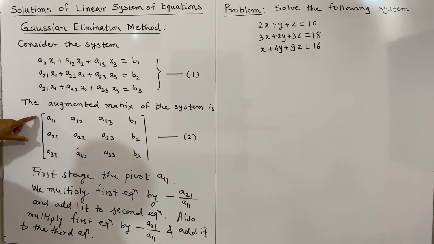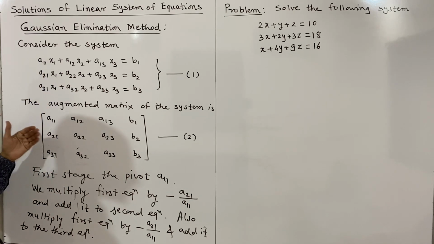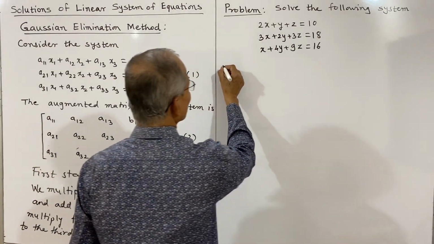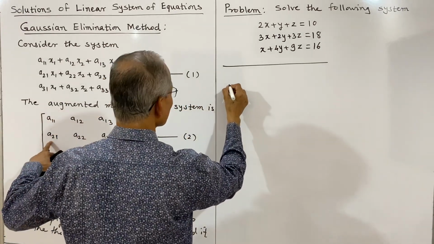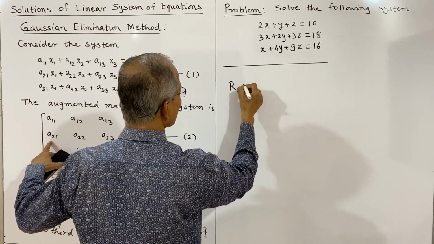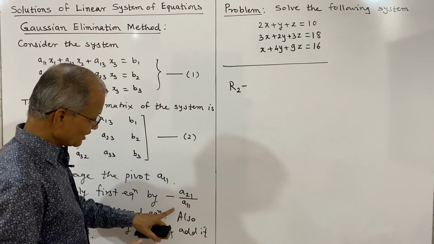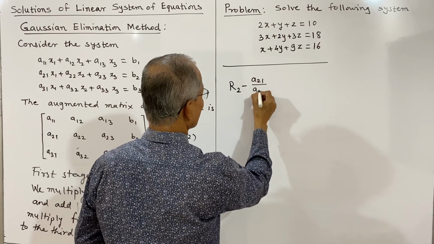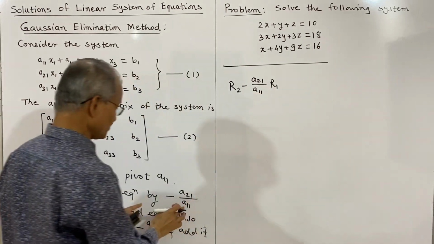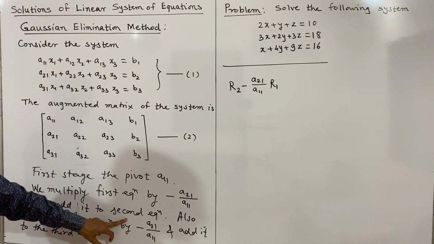we are multiplying the first row, and this operation is to be effected on this augmented matrix. In the matrix form the operation will be R2, this is the second row, R2 minus, that is we use the transformation R2 minus the first equation multiplied by A21 upon A11, and that means first row is to be multiplied by this, and then it is added to the second equation, means second row.